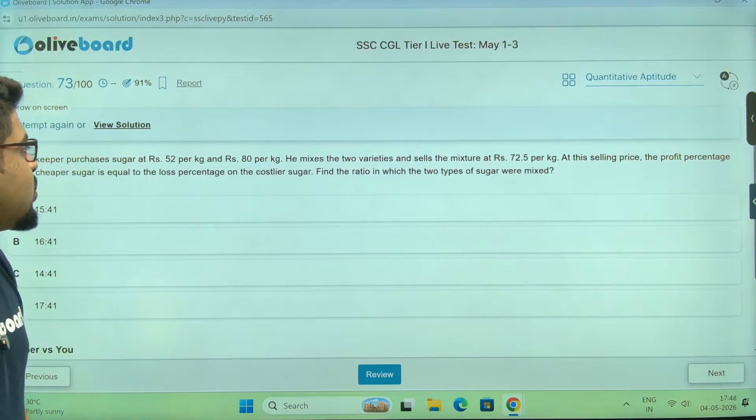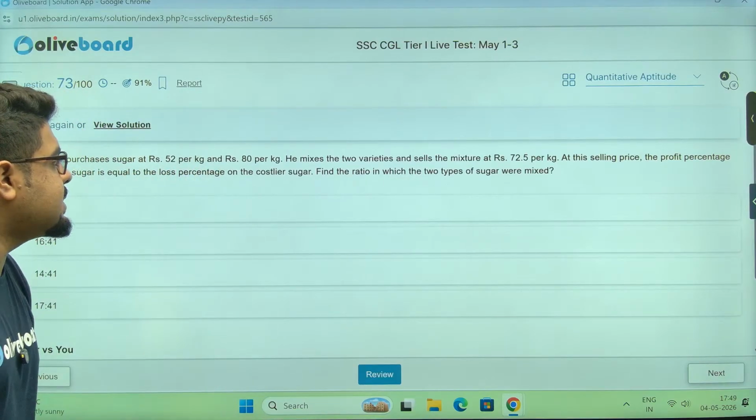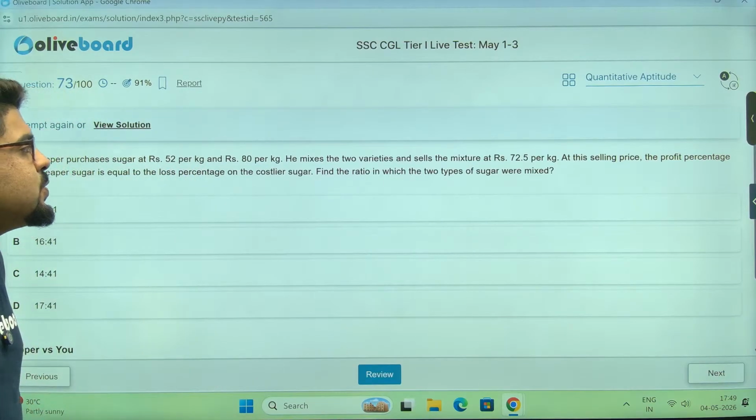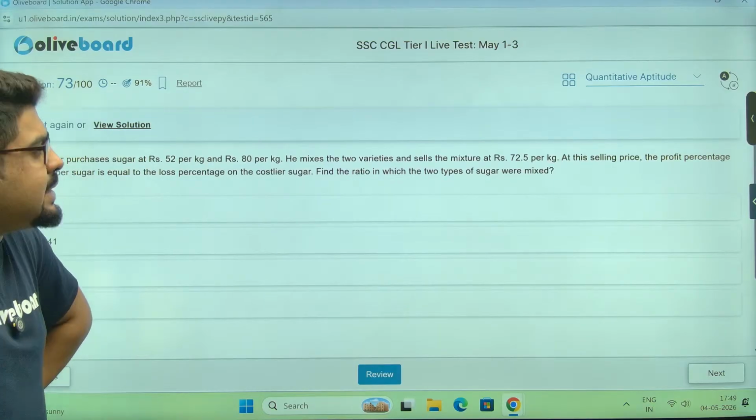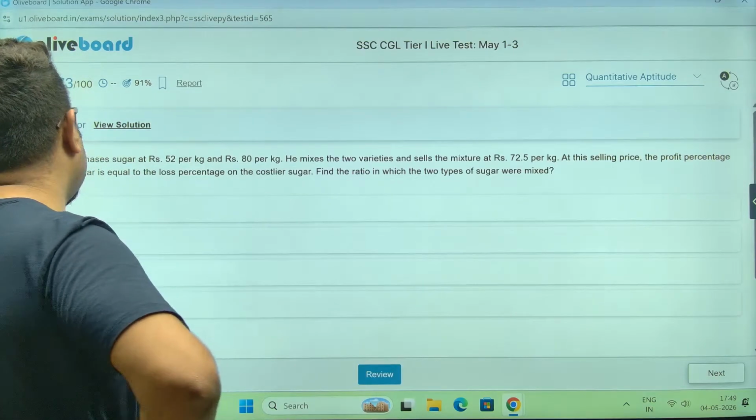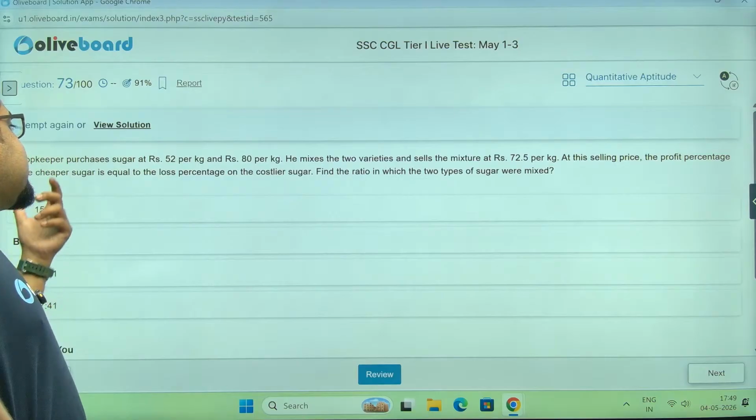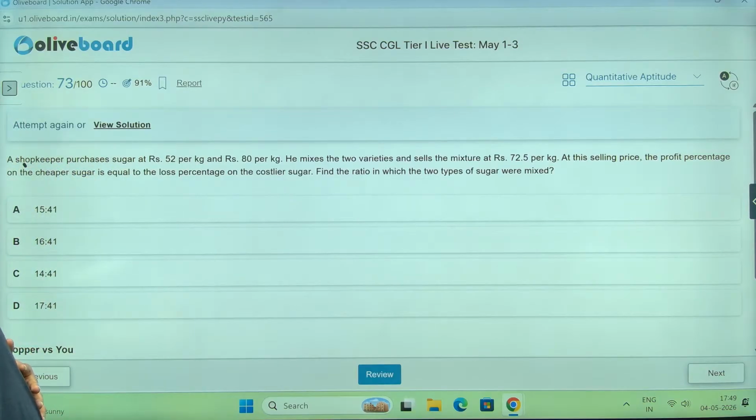Shopkeeper purchases sugar of two varieties and mixes them to sell at a certain price. At this selling price, the profit percentage on the cheaper sugar is equal to the loss on the costlier sugar.